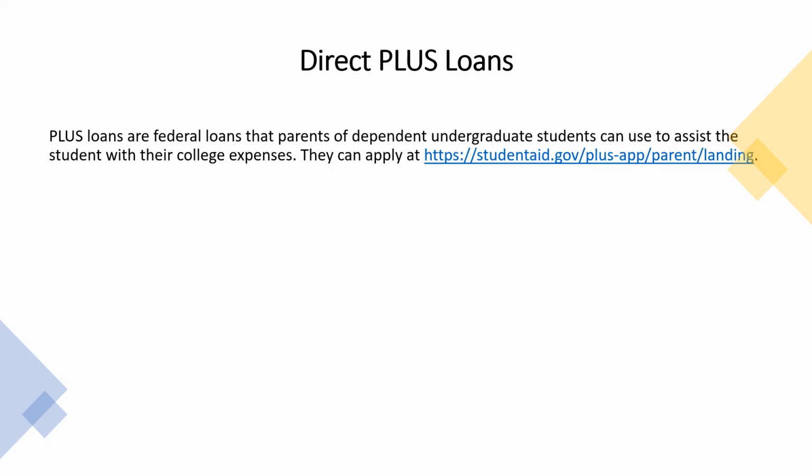This is a loan that the parent would be required to pay back. If they want to apply, they can go to studentaid.gov and go to the Plus application for direct Plus loans.